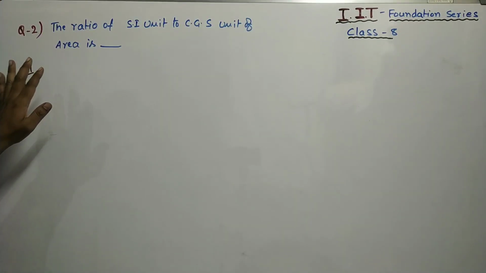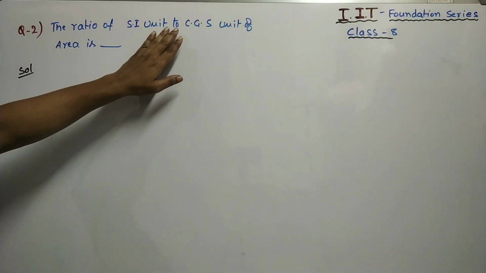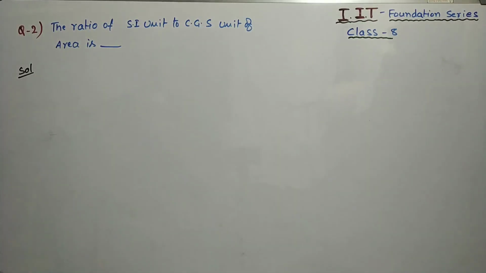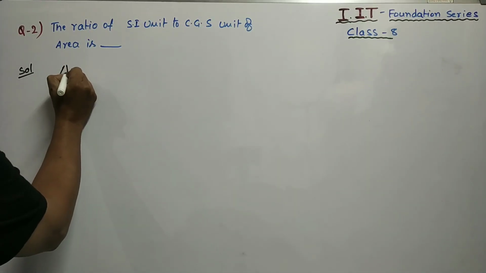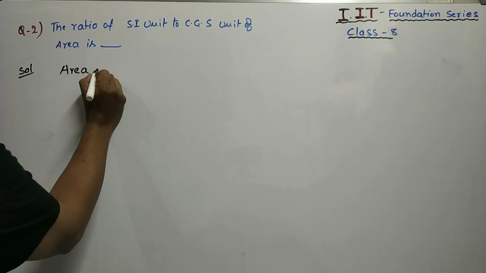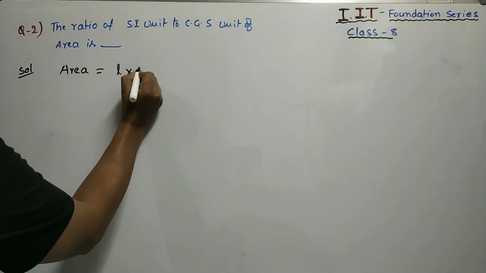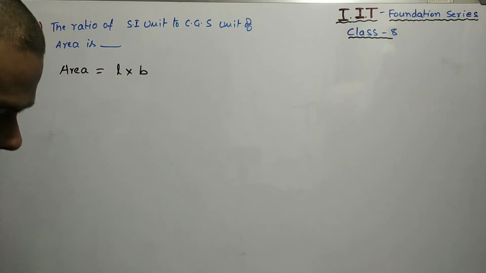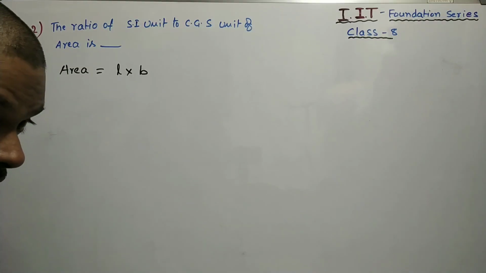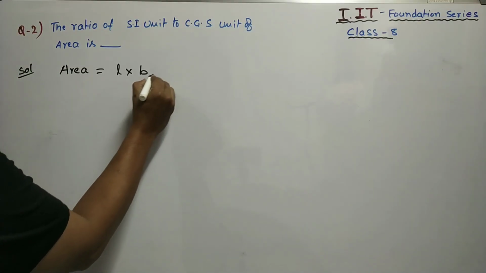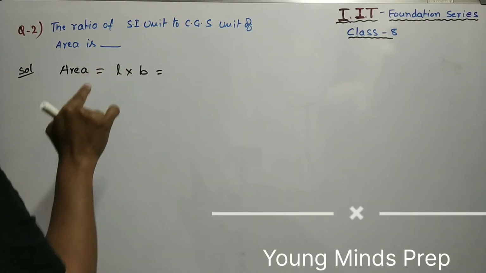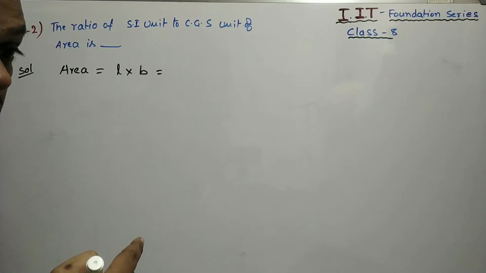The second question: the ratio of SI unit to CGS unit of area. First, you know what is area. Generally, area is length into breadth. We know very well length and breadth are both measured in meter only in the SI system.